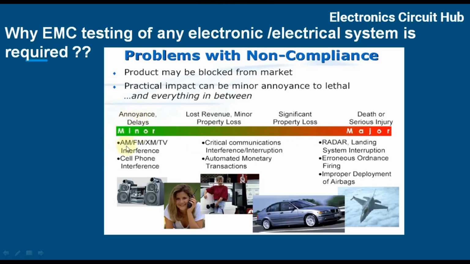A minor impact may be annoyance or delays in your telephone, cell phone, AM, FM, XM, TV interference, etc. A bit more than minor, you may lose revenue or suffer minor property loss, which can cause critical communication interruption or automatic monetary transaction interruption. This causes you loss of revenue or minor property loss.